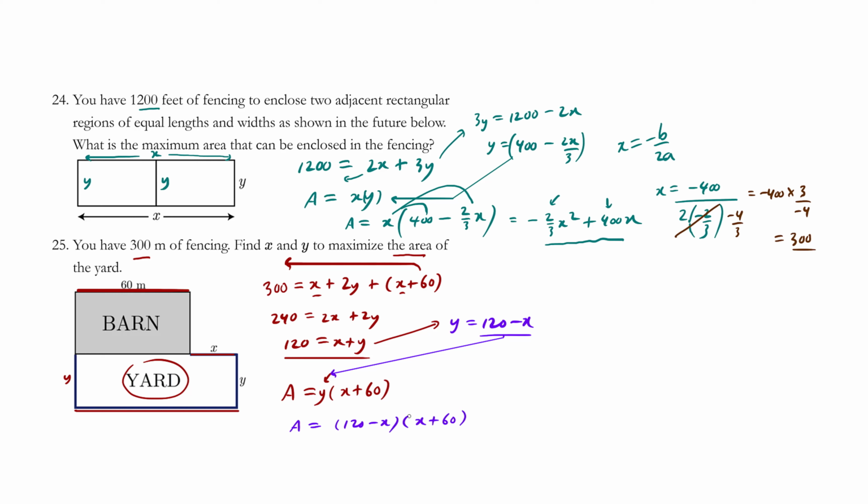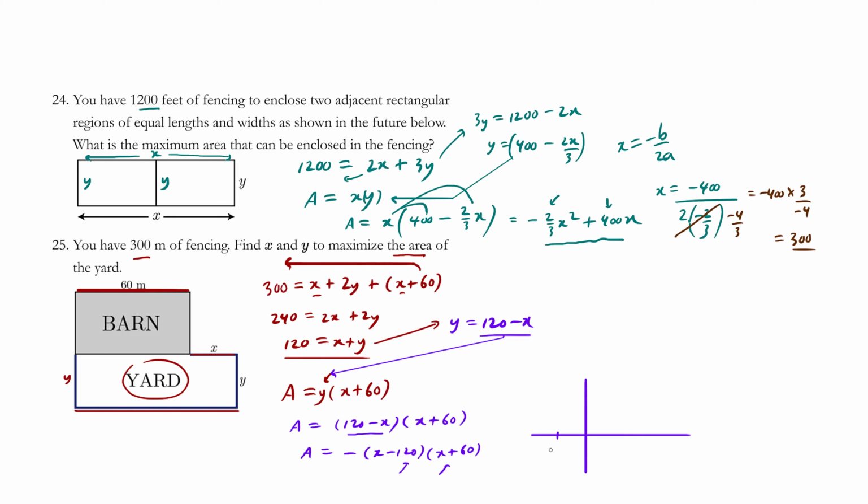So just for fun, rather than just foiling this out, I'm going to pull out a negative 1 just for practice. Let's pull a negative out and see what happens. This gets reversed when you use distribution, it's the same thing. And we can see the factors of the quadratic. And by knowing the factors, the negative sign means it's a sad face, concave down. We immediately know the roots, the x-intercepts.